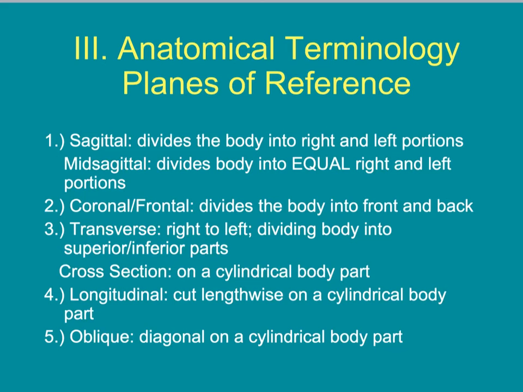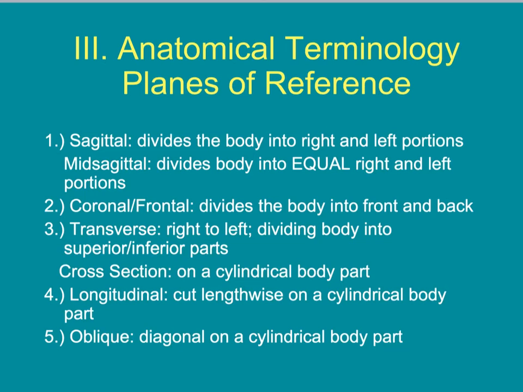Now, the next are referring to smaller parts of the body, i.e. a blood vessel or a vein or an artery, something that is smaller, not a whole body in reference. A cross section is basically going to cut a portion into right and left halves.